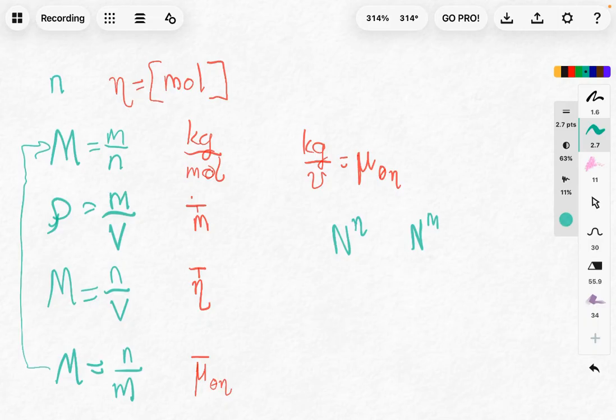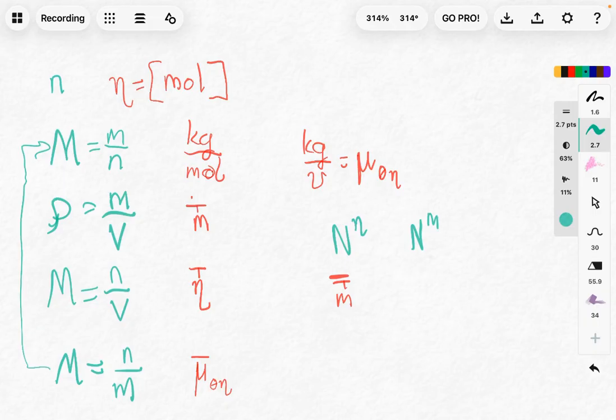And now I would like to look at specific volume. Specific volume is just volume per mass. While it can be represented as the reciprocal of mass per volume, you can also symbolize it in a slightly different way.